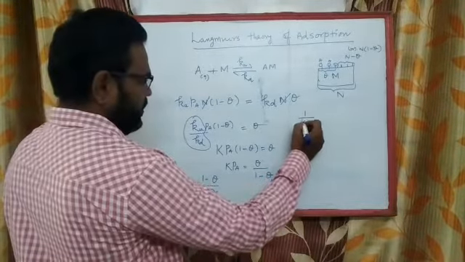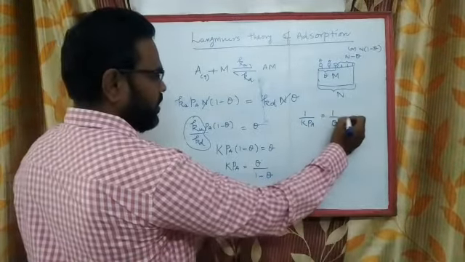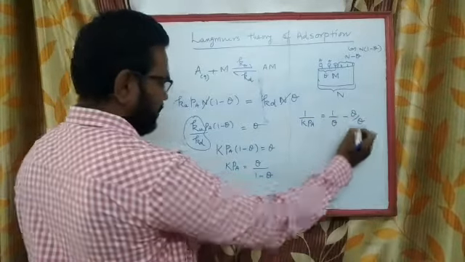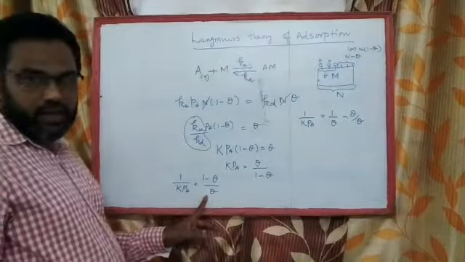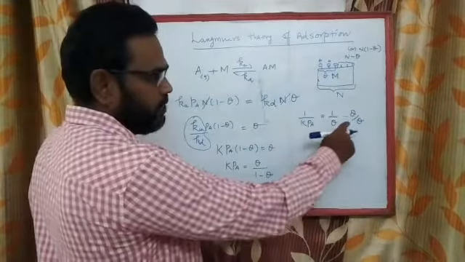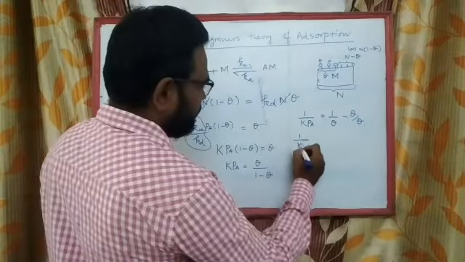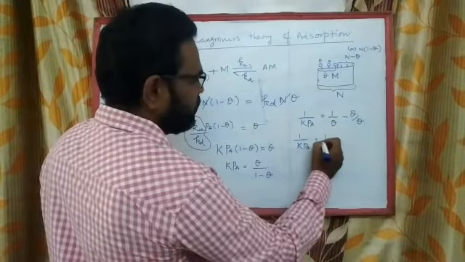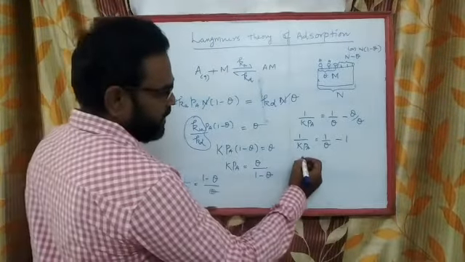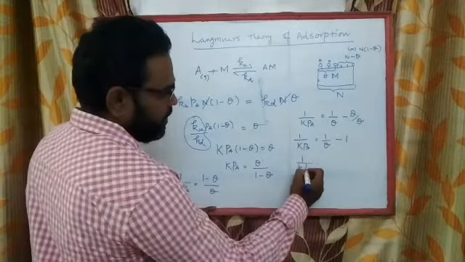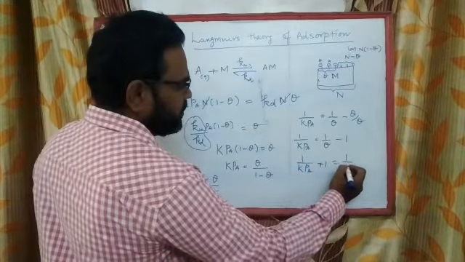I can write this (1 minus theta) by theta as 1 by theta minus theta by theta. So 1 by K Pa is equal to 1 by theta minus 1. In this way I can rewrite the equation as 1 by K Pa plus 1 is equal to 1 by theta.